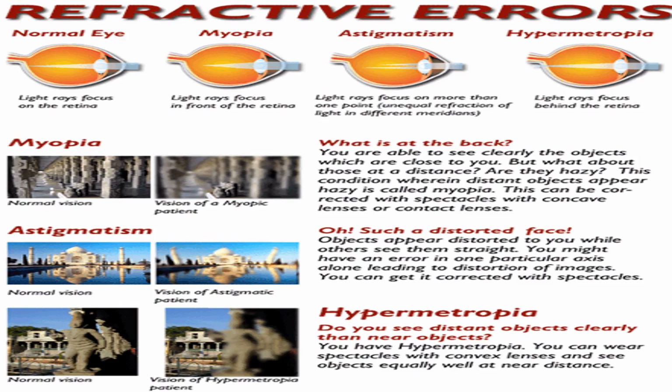This is another illustration of the refraction of light rays in the normal eye, myopia, astigmatism, and hyperopia. Also, you can see how the myopic patient, astigmatism patient, and hyperopic patient can see.